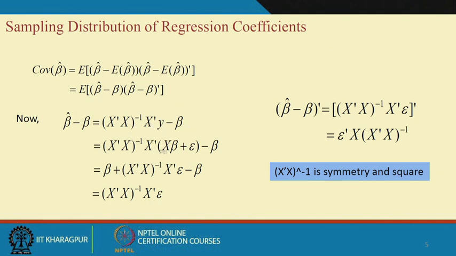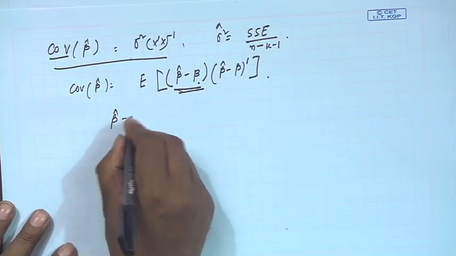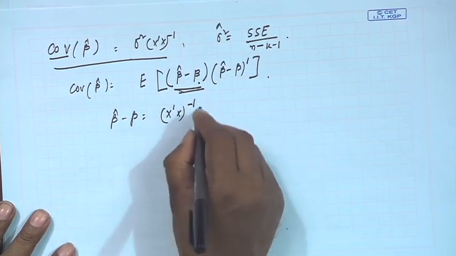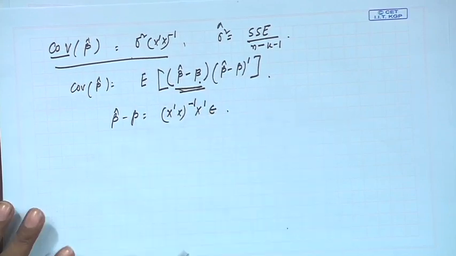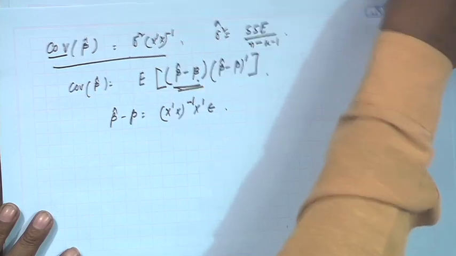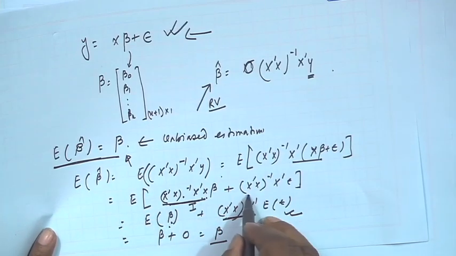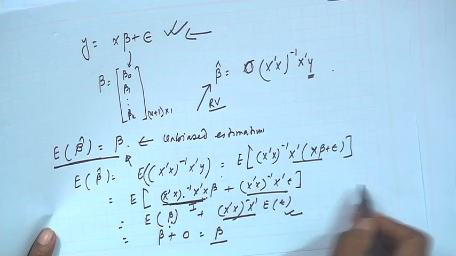Now you put y the same way as when we calculated the mean value, and you get beta plus this term, and beta and this beta cancel out. So, you are getting beta cap minus beta is x transpose x inverse x transpose epsilon.